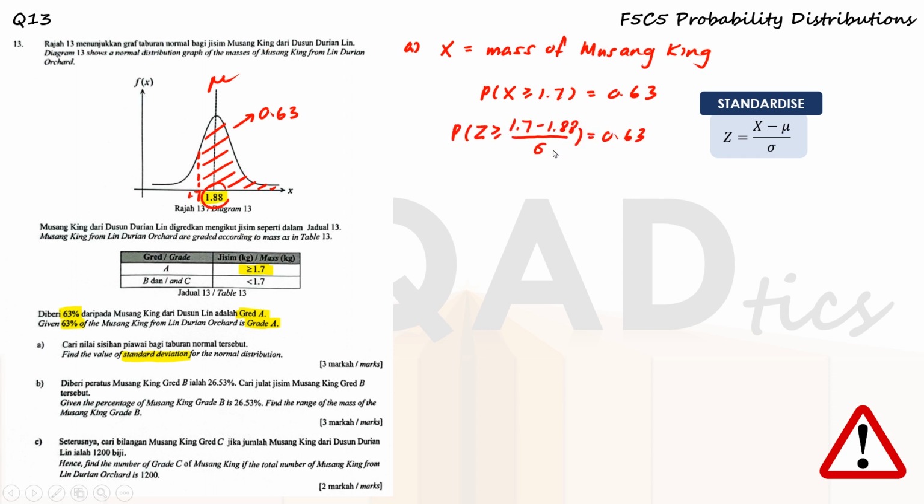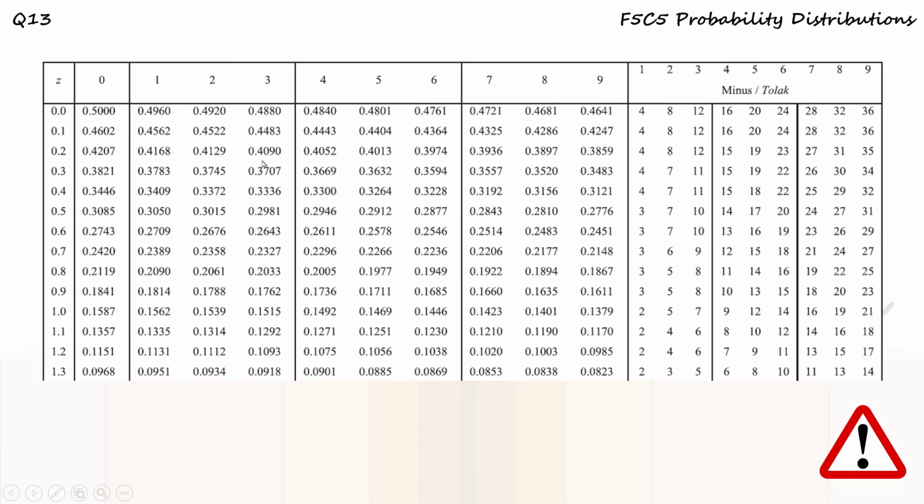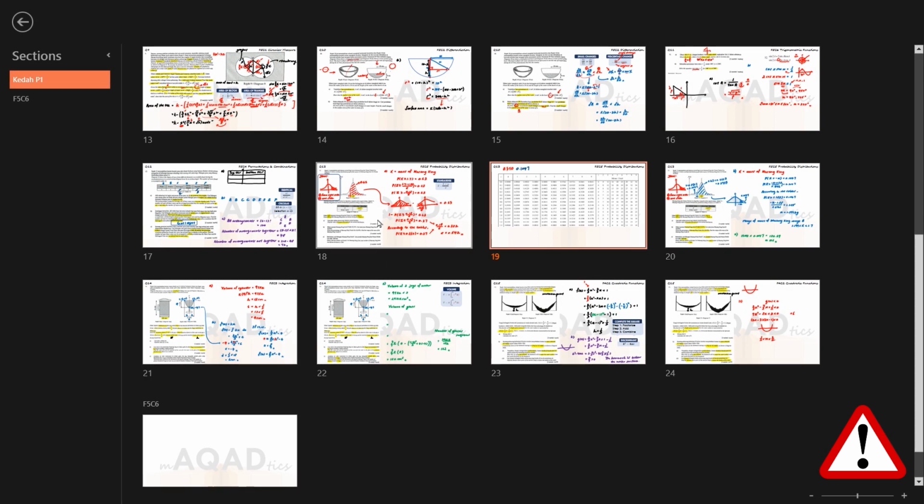If I put it here and simplify it, the numerator will be negative 0.18. Now we need to use this table, the normal distribution table, to help us find this value.